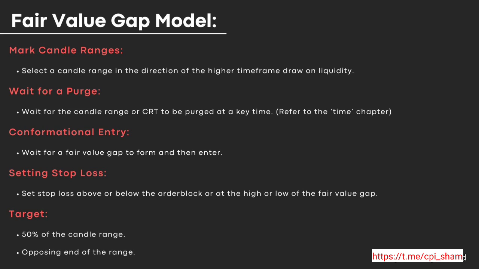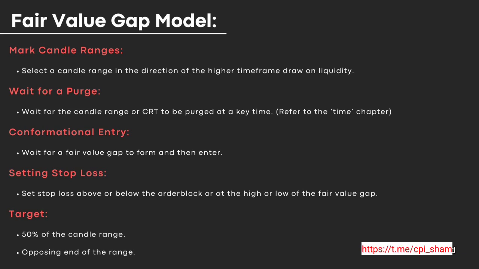Now with this protocol you might miss some trades, but it will ensure that the trades you actually do take will be of utmost high probability, and the odds of those trades playing out correctly would be even more.